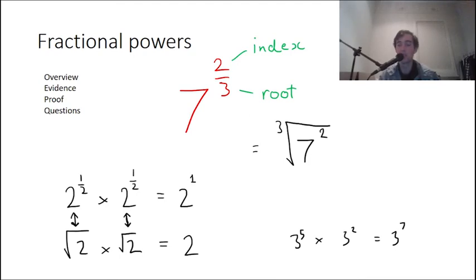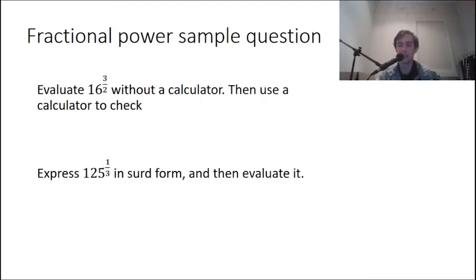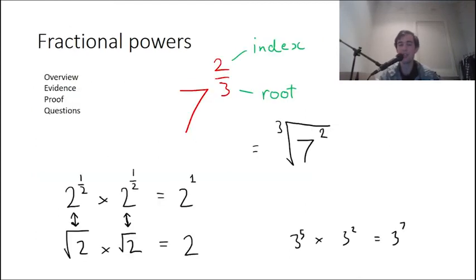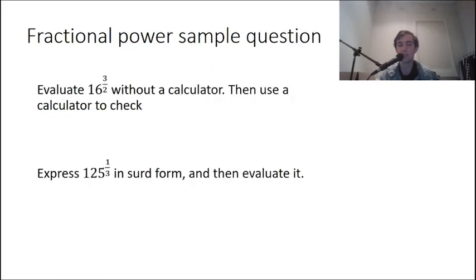This is a pretty strange and difficult topic. We'll do a couple of examples, and hopefully you can do these examples with me and you'll understand the examples, even if you didn't understand the proof necessarily. Alright, so 16 to the power of 3 over 2.